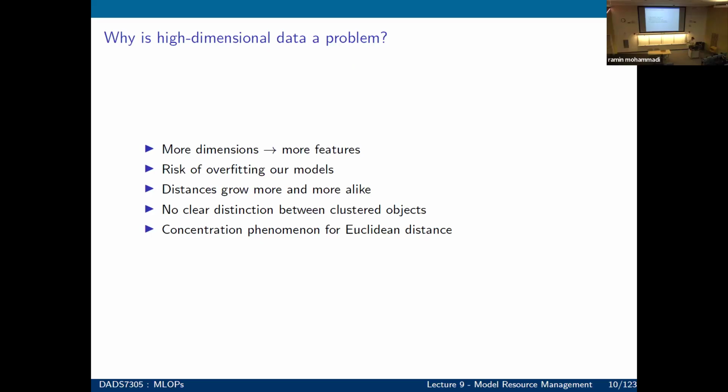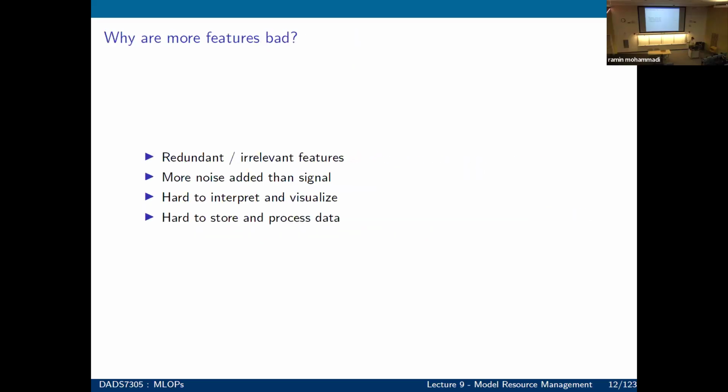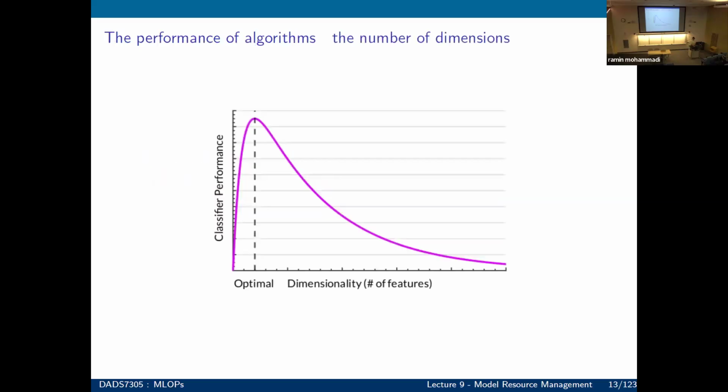Okay. Now, why are more features not good? Because you end up with redundant features and irrelevant features. You have some sort of multicollinearity. You have more noise. It's hard to interpret or visualize, and hard to store and process this data.